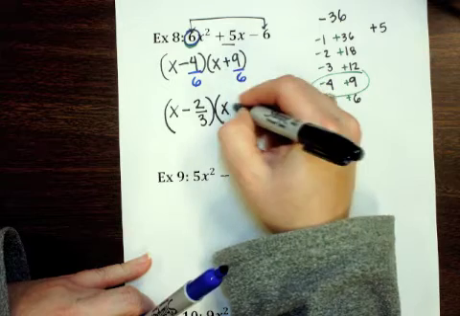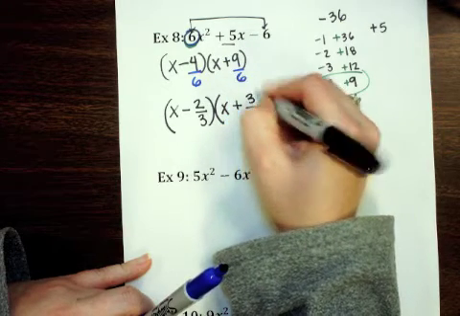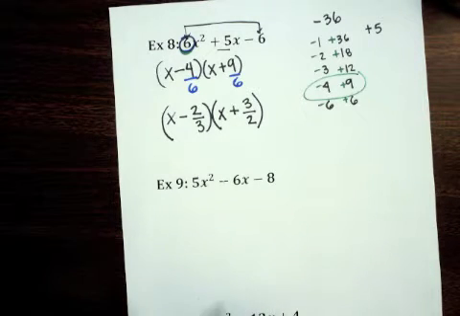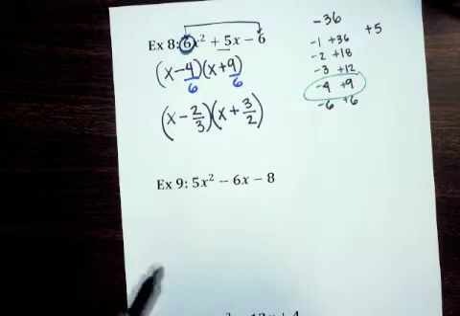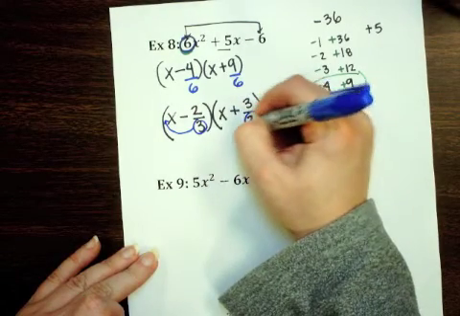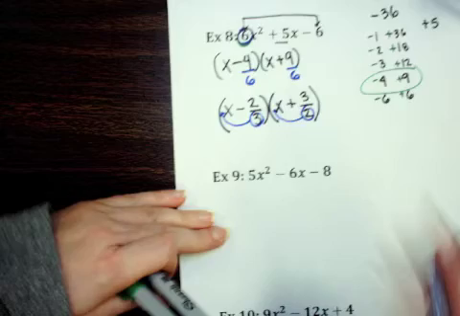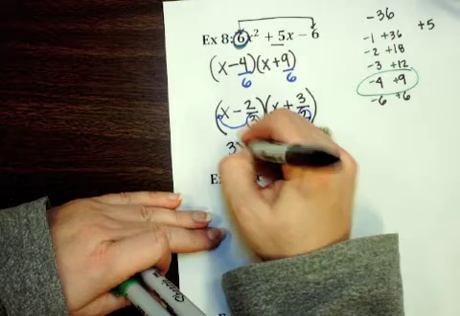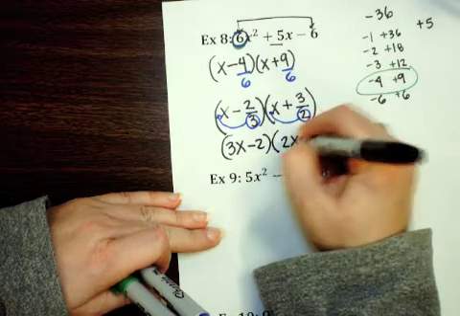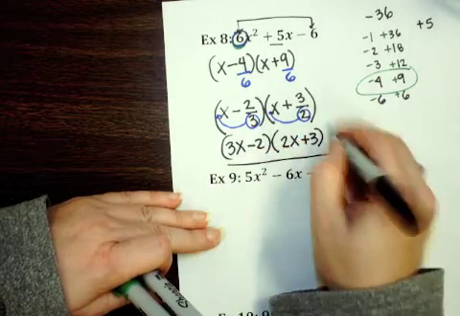Take a factor of 3 out, I'm left with 3. Take a factor of 3 out, I'm left with 2. That's what reduces. That's not my answer. Anything that's left on the bottom, I want to swing them to the front and put them as coefficients of x. So in the end, my factors are 3x minus 2 times 2x plus 3. And that is my final answer on that one.